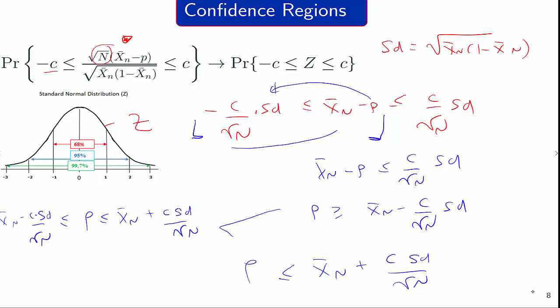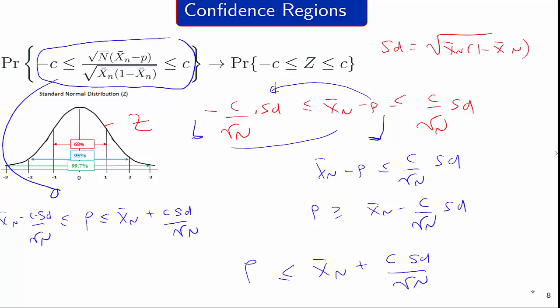Well, all we've shown is that this inequality here is just equivalent to this inequality here. All we've done is rearrange for p. So the probability that p lies in this range is given by a normal 0, 1. So we can choose this c governed by the standard normal distribution.